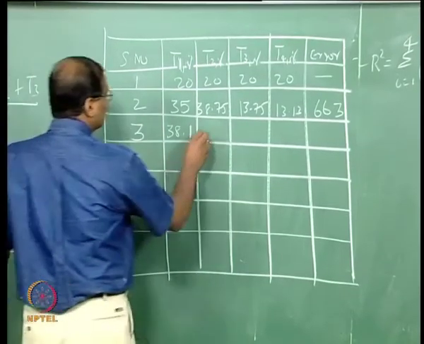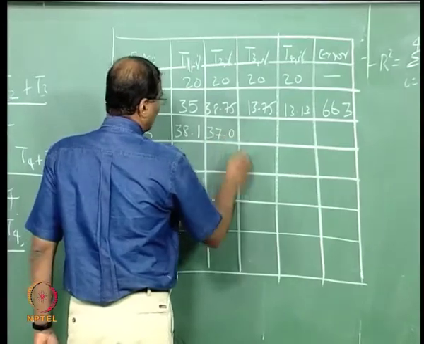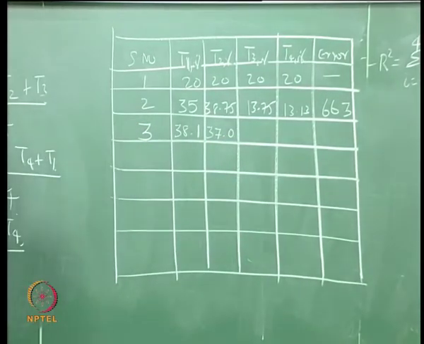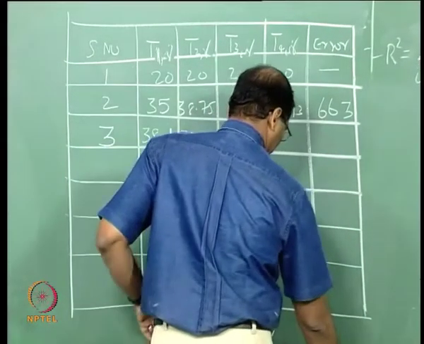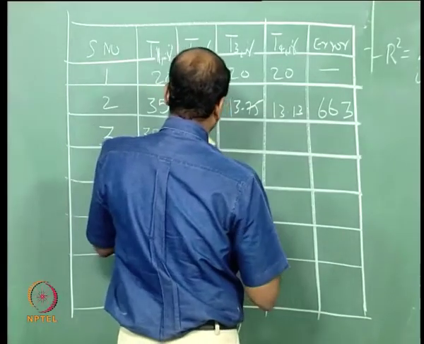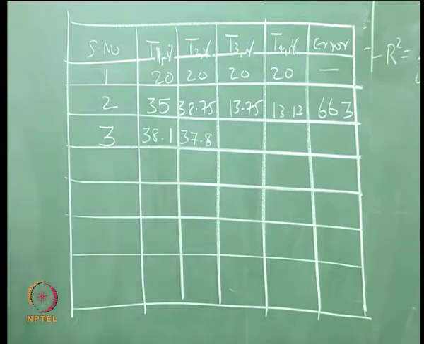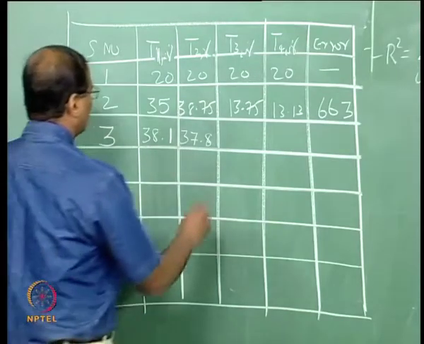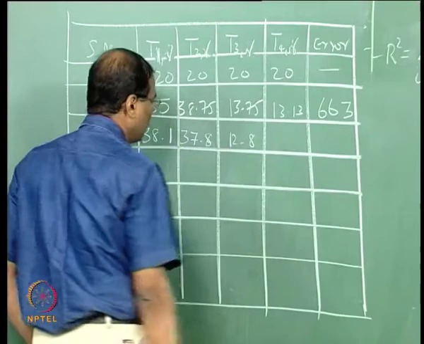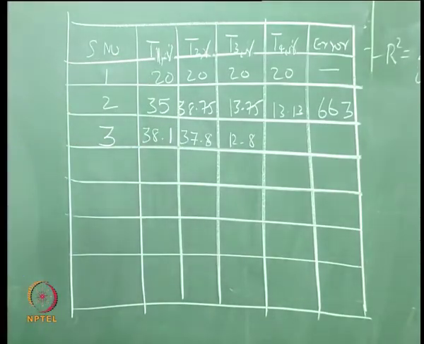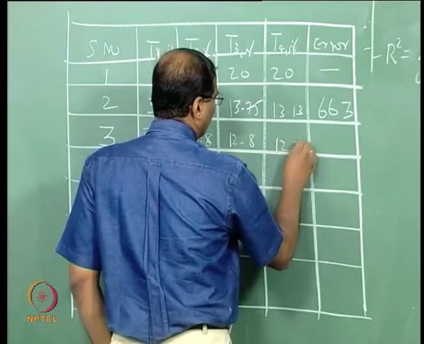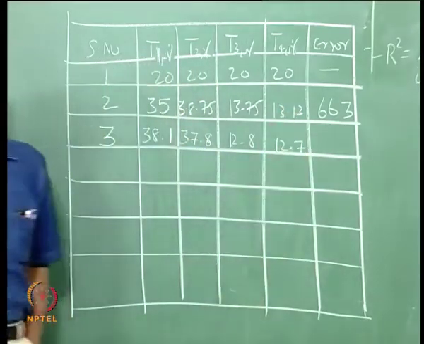37.03, 37.03, okay. Now 12.8125, twelve point six 7, error has drastically come down, see.